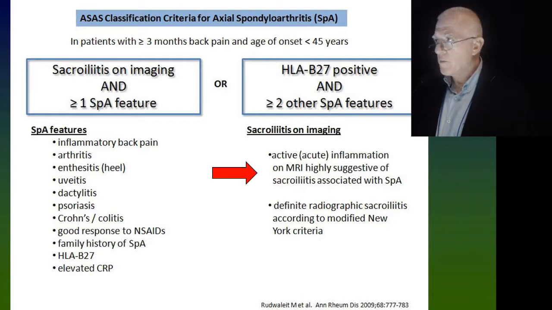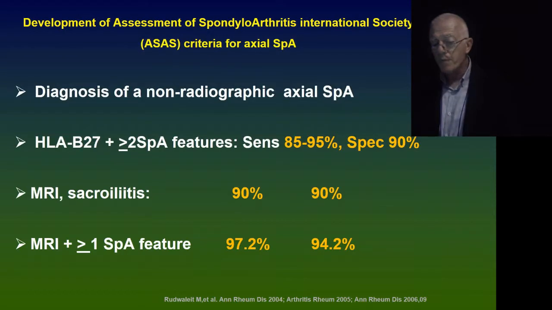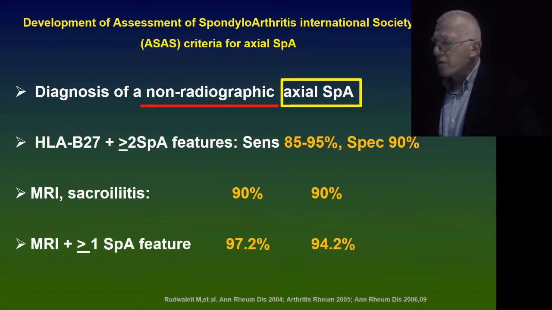It is either a positive MRI, which we'll discuss later, or a positive radiograph, which we'll discuss in a minute. So, in order to make a diagnosis of non-radiographic axial SpA, that means the plain films are completely normal, we need to have these two groups of criteria.